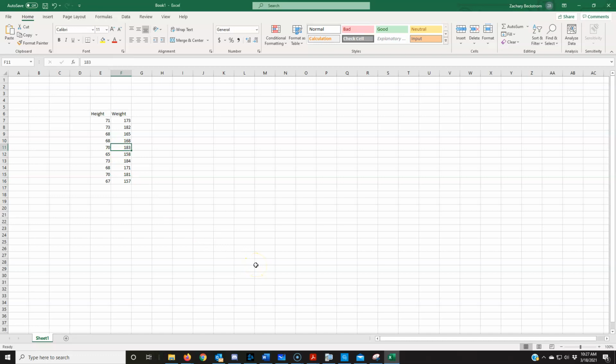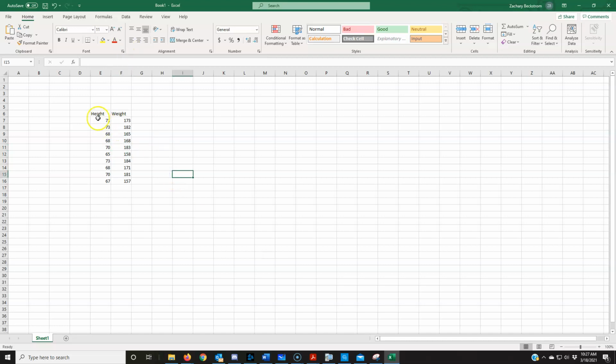All right, so how would we use Excel to go ahead and create this scatter plot for us, and then how would we find a line of best fit, and then gauge whether or not there was a linear correlation and talk about that linear correlation.